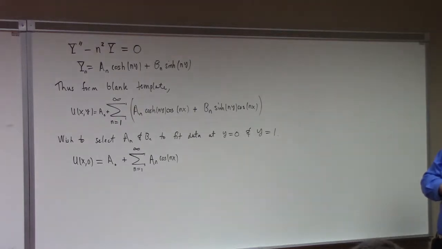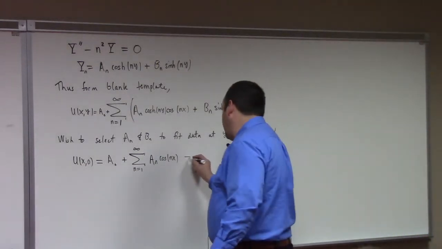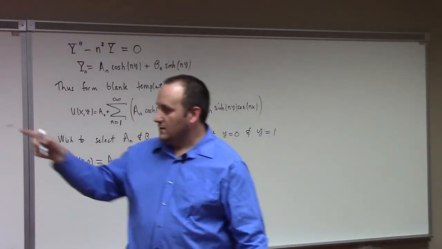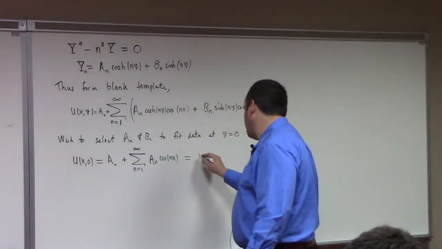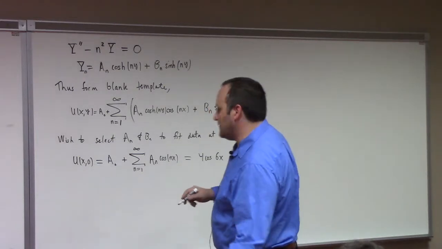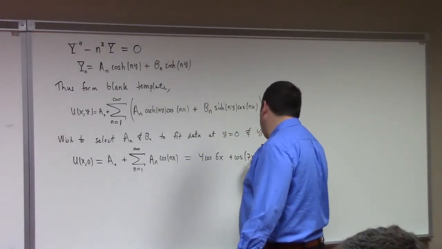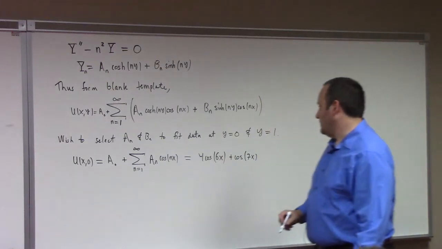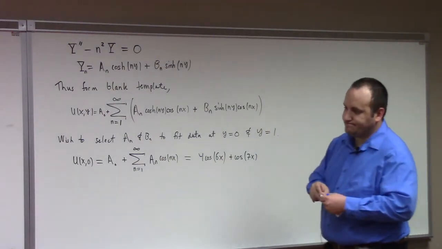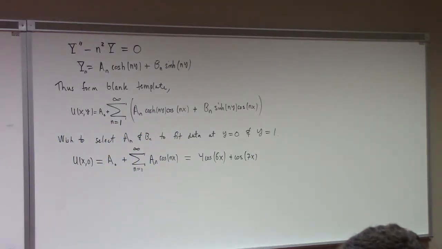Zero, right? So that means the b sub n terms are gone. That's it for our blank template. That's supposed to match the given 4 cosine 6x plus cosine 7x, yeah? So if you look at that, search your heart, you can see that a sub n is 0 for what?